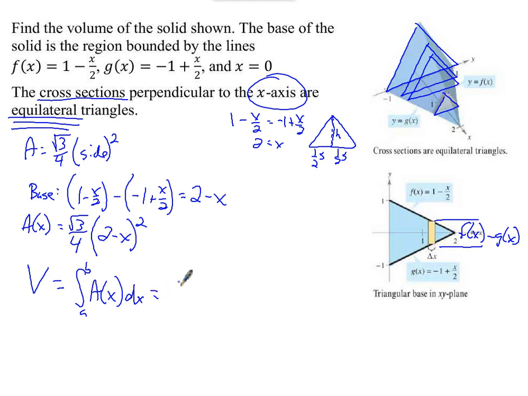We're going from 0 to 2. Our area formula, or the area of our cross-section, is the square root of 3 over 4, but that's a constant, so I can squeeze that in outside. My side is 2 minus x, squared, dx.